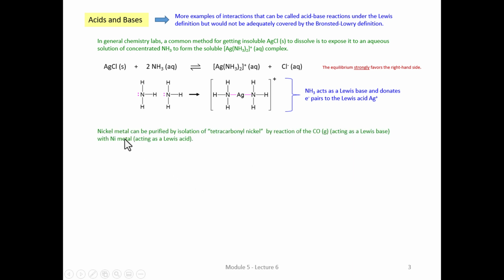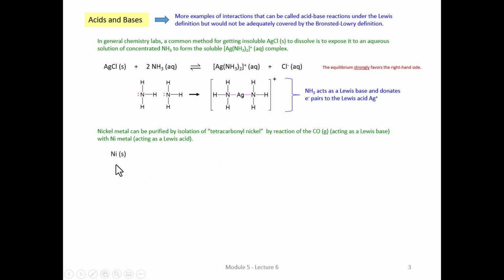As another example, nickel metal can be purified by isolation of something called tetracarbonyl nickel by reaction of carbon monoxide, which is acting as a Lewis base, with a nickel metal, which is acting as a Lewis acid.